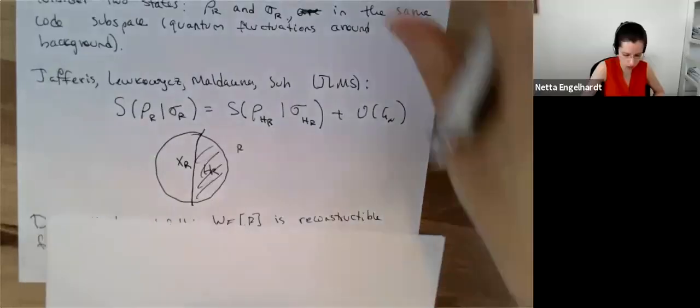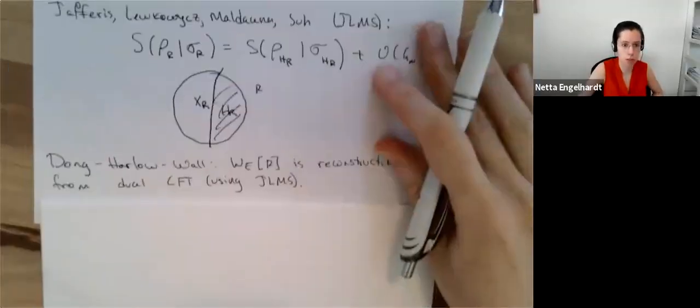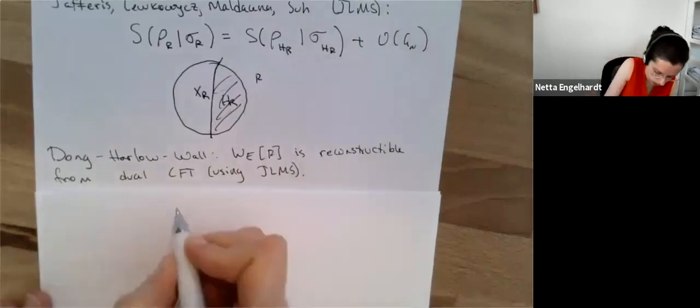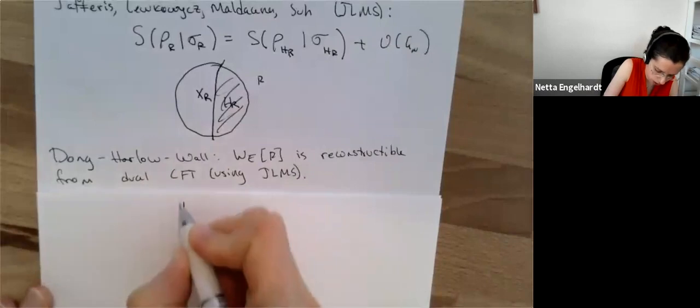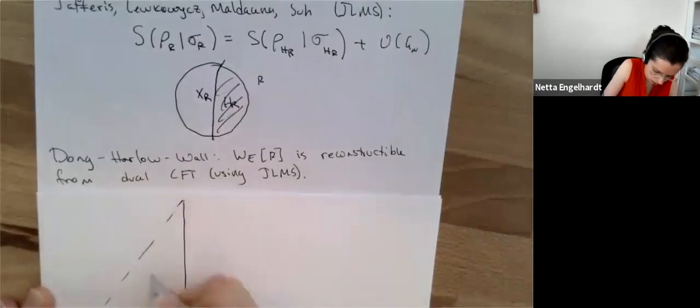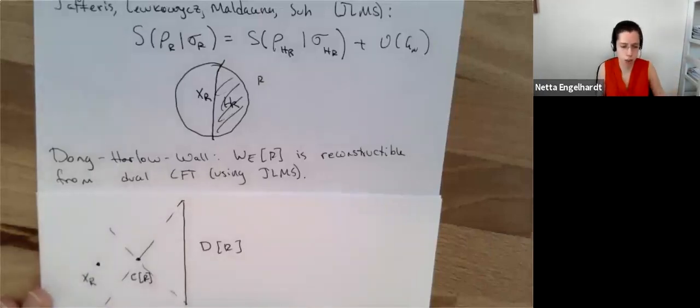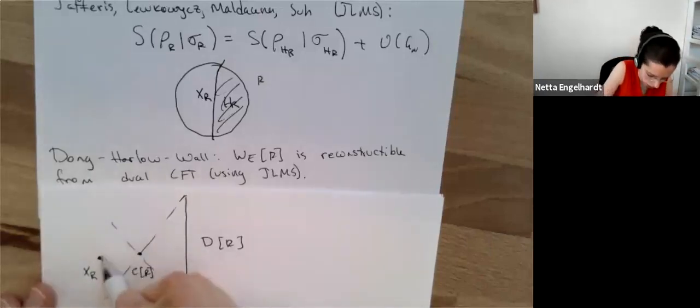Okay, so let me pull this up a little. Let me draw a Lorentzian picture here. So this is D of R. This is C of R, the causal surface. And we have our XR over here. So the entanglement wedge looks something like this.